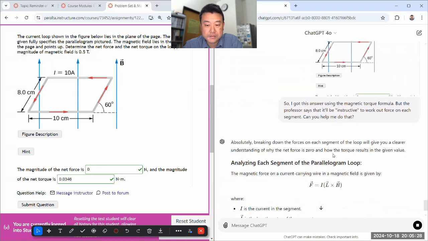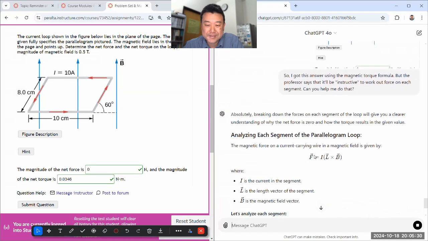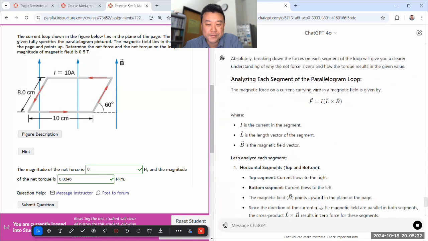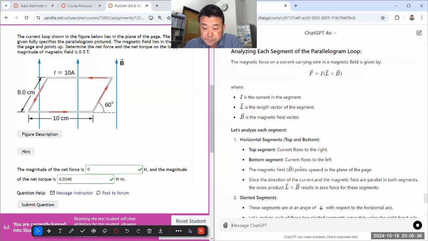Yeah, so this is the force formula, and you do that for the top and bottom, current flows parallel in both segments. Wait, what? No, it did it wrong. I mean, I is to the left, so it's into the page.